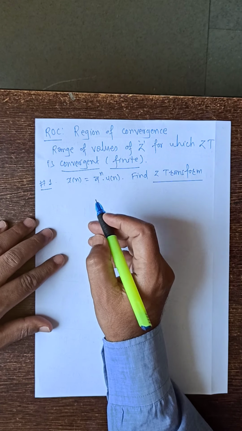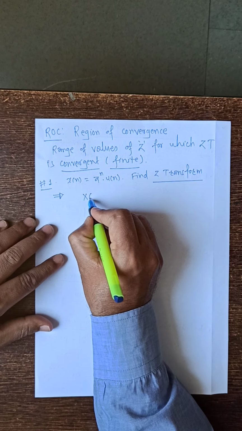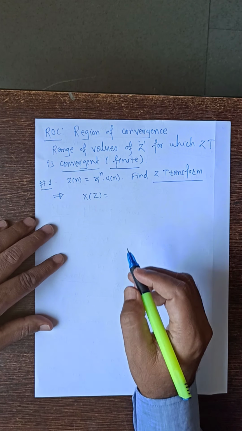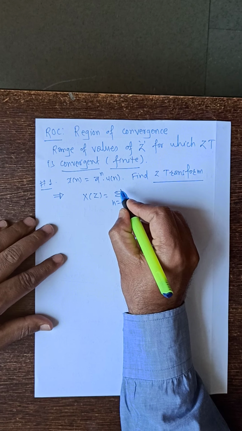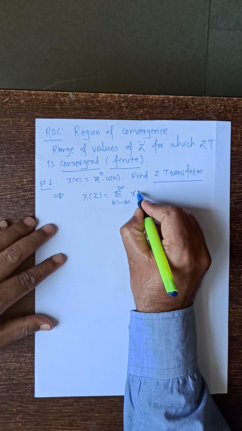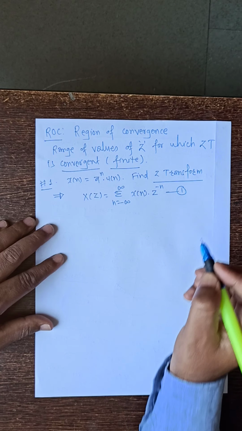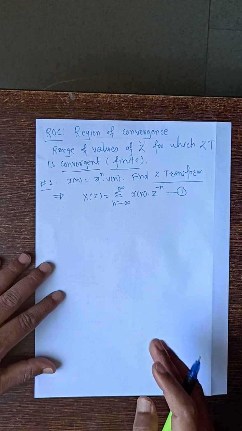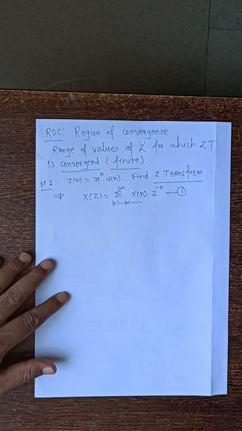So we start by writing the equation of the z transform. X(z) is equal to summation n equals minus infinity to plus infinity x[n] into z raised to minus n. Now x[n] is given, that is a^n u[n].